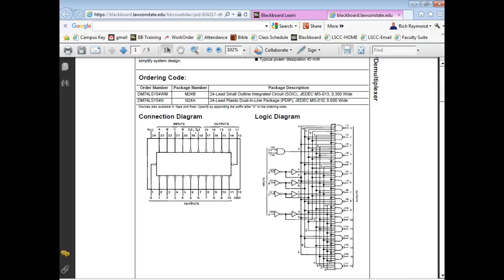From my multiplexer, I'm going to take the A input and hook it up to the A input of the 74154. What's the A input of the 74154? A input, 23.